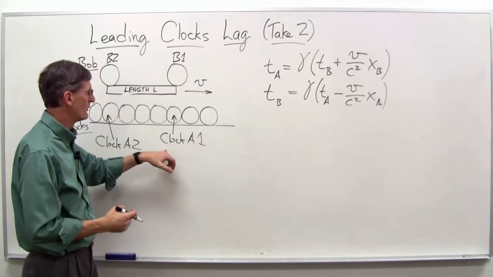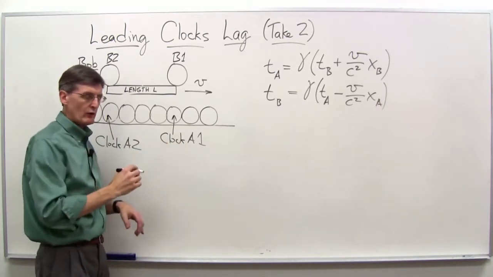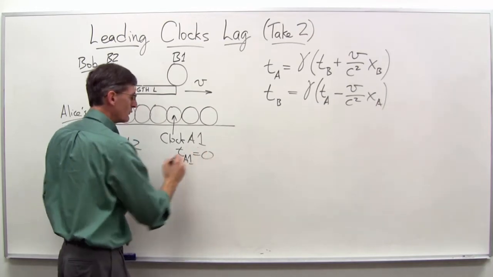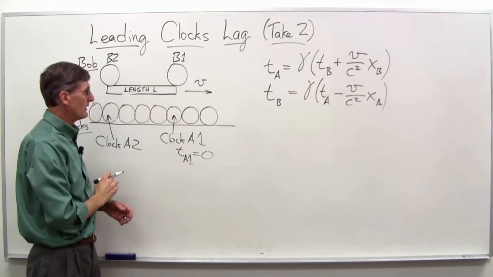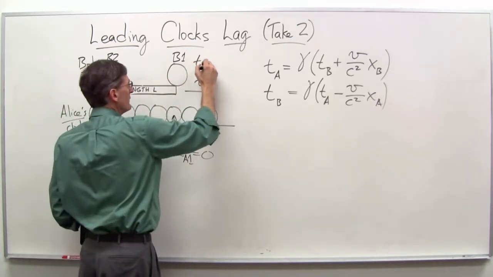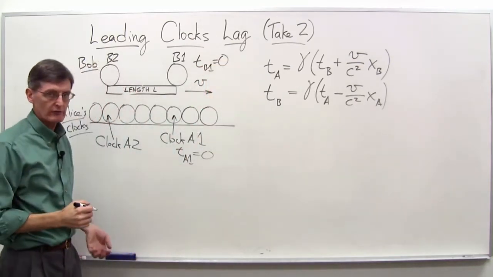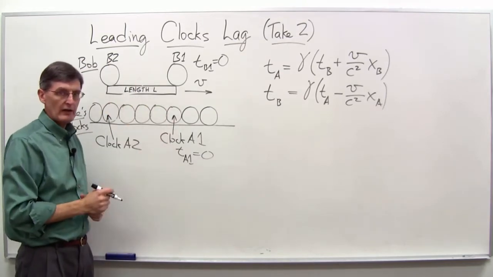So let's assume for our analysis here that clock A1 reads T sub A1 equals 0 when we take a flash photograph of it. And we'll also assume in that flash photograph, T sub B1 equals 0. We can set things up that way, of course. It's just one flash photograph there. We can have our clocks set however we want them.